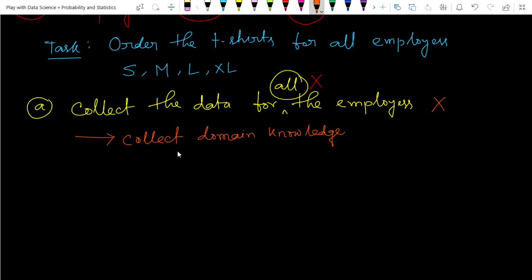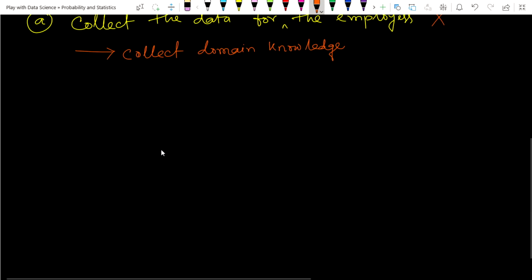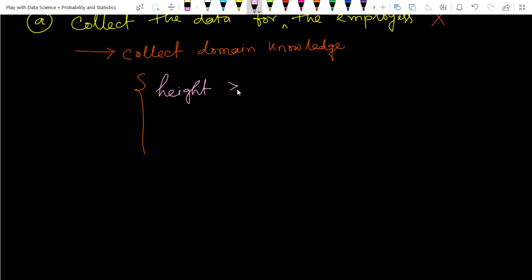The domain knowledge here is primary knowledge about the height of people. This is common sense: if the height of people is greater than 180 centimeters, in general they wear XL t-shirts. That is the simple domain knowledge.